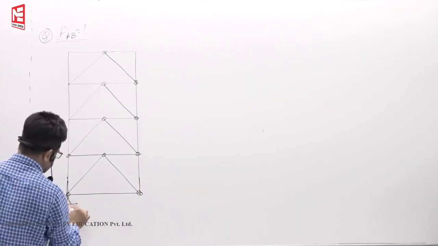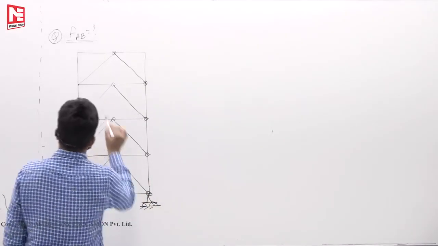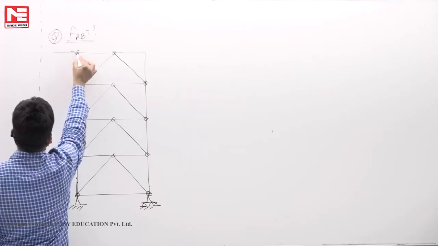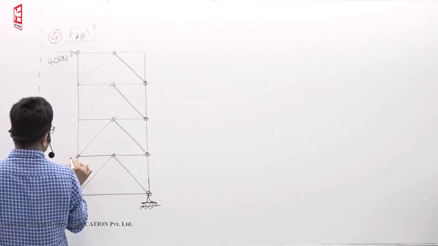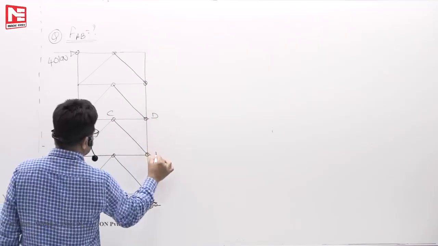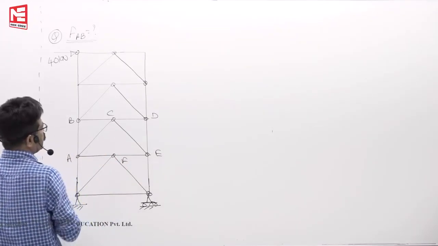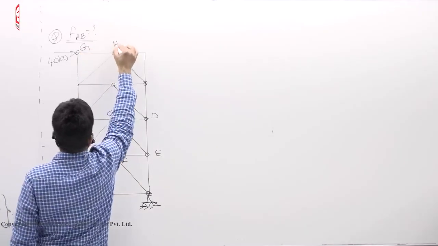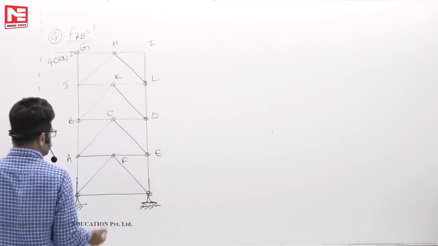See here, this is the truss now. It's like a cantilever truss because two supports are on one side. Assume that there is a load of 40 kilonewton. Let us name the points A, B, C, D, E, F, and the other panels G, H, I, J, K, L, like that.